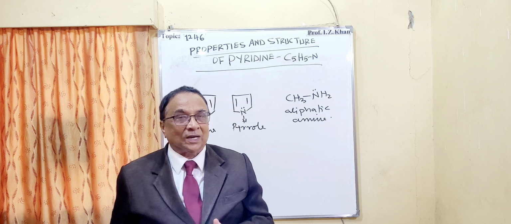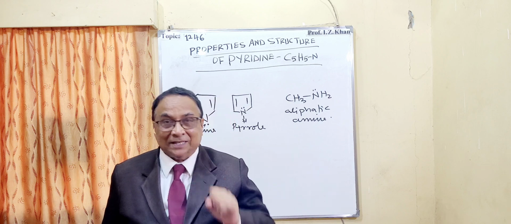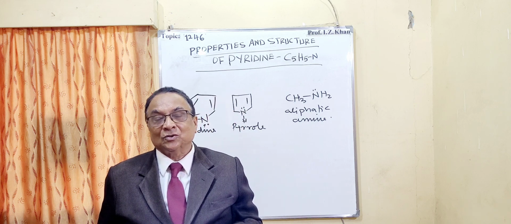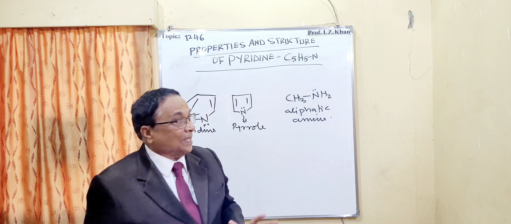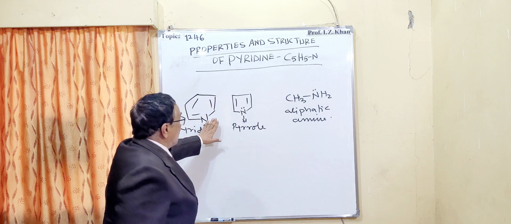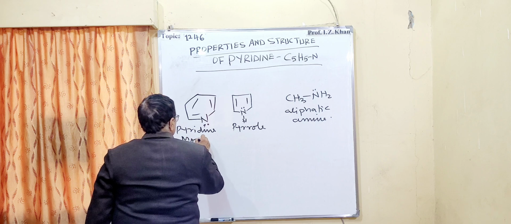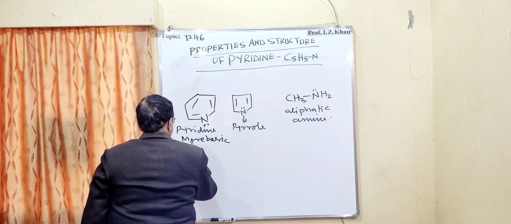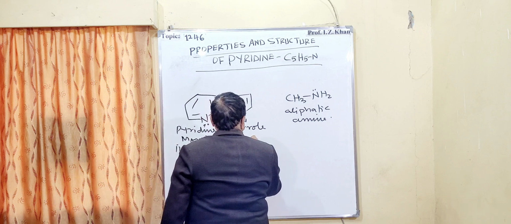It's difficult to get, because it is part of delocalization, part of resonance. But in pyridine, the pair of electrons of nitrogen is not part of resonance and is very easily available. So that's why pyridine is more basic in character, and pyrrole is less basic.